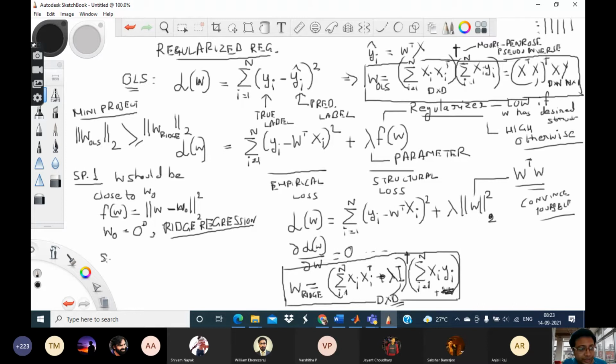Now let us consider one more structural property, and that is sparsity. What I mean by sparsity is that W should be sparse, meaning most of the elements of W are 0.